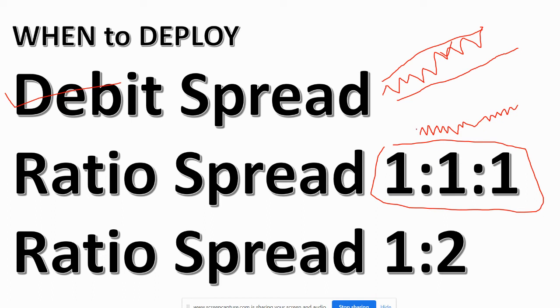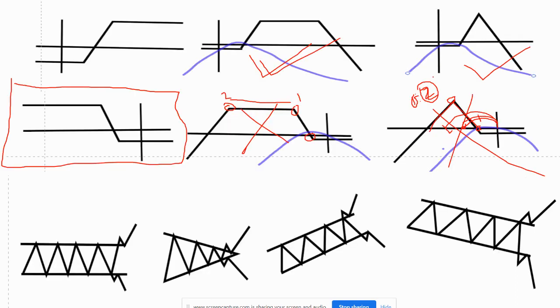Okay, you got the reason. Because whenever you go for one is to one, you need to have a view of sideways to bullish, because by the time it is sideways, after 1 or 2 to 3 days, your blue line will cover. On Monday, on Friday your blue line will be safe until here, on Tuesday it will come here, on Wednesday here, and on Thursday this will almost cover your entire graph.